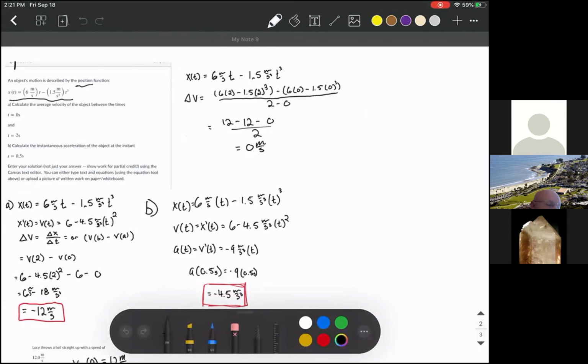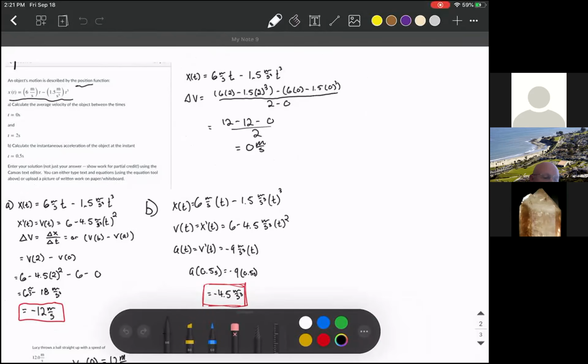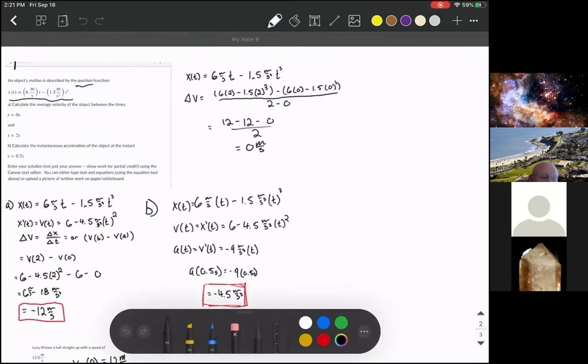That's the average. It's not a derivative, it's not an instantaneous one. So it wouldn't be the same. Okay, because I took the derivative, but then I still did t at 2 minus t at 0. I just plugged it into my velocity equation instead, because I wasn't liking this answer.